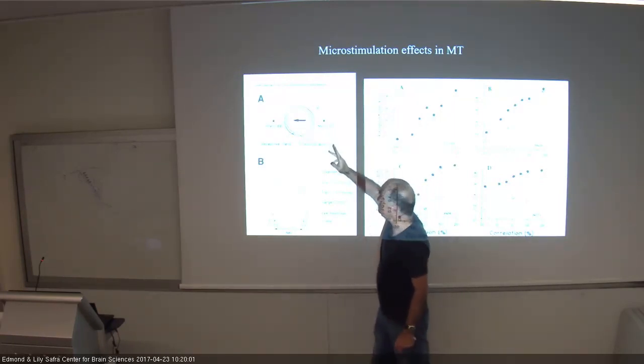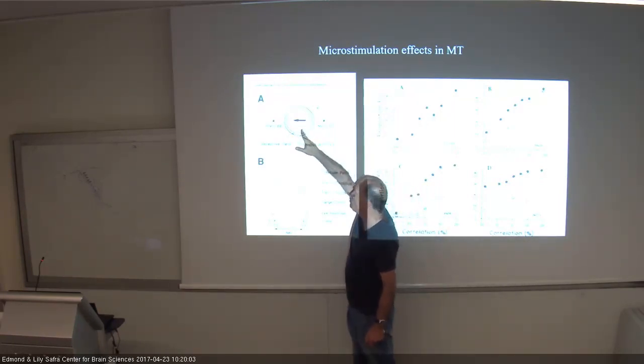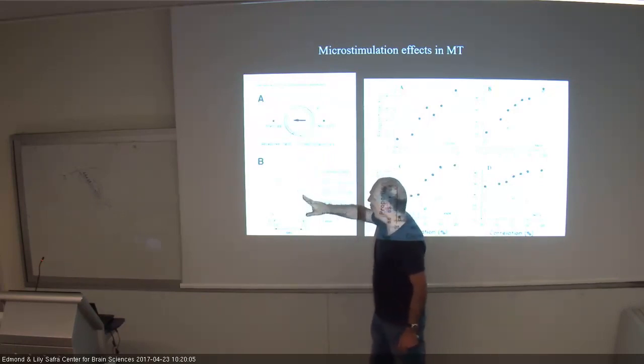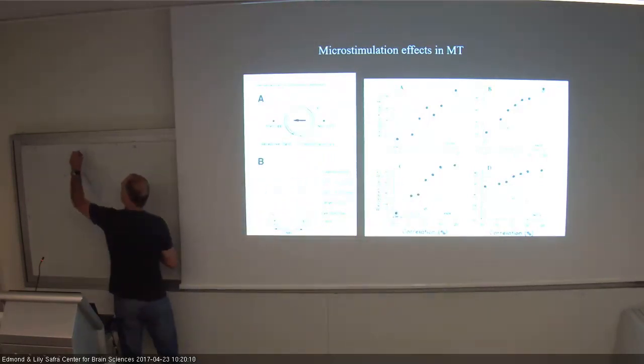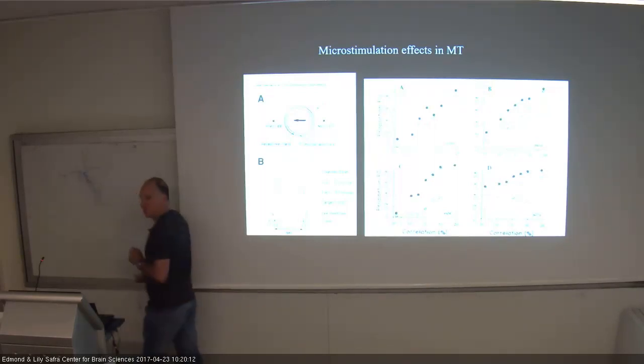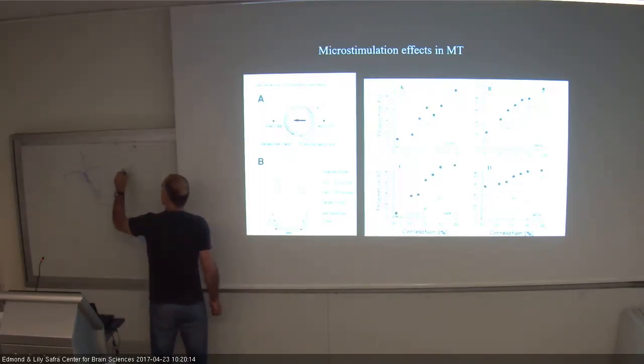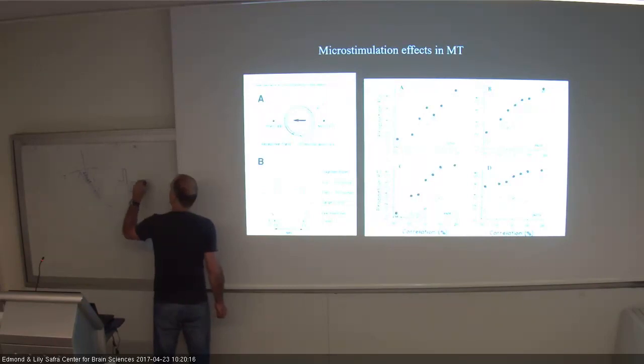The only thing that you do is that when you present the visual stimulus, you also stimulate through the electrode. The electrode is placed here, and you use a bipolar stimulus like that.